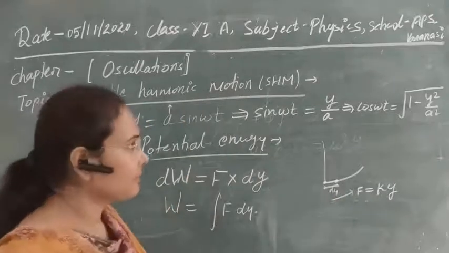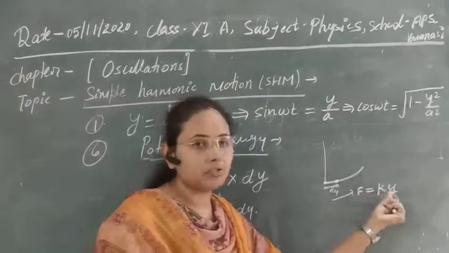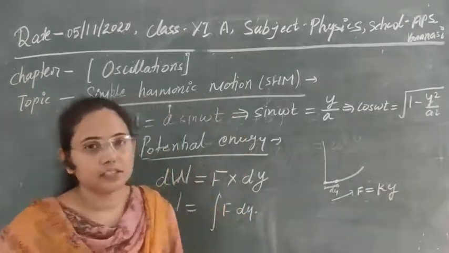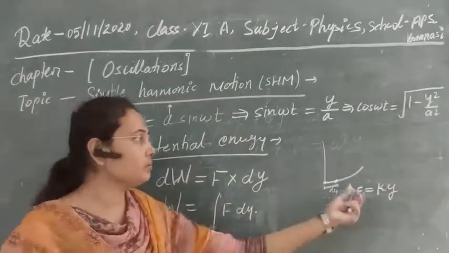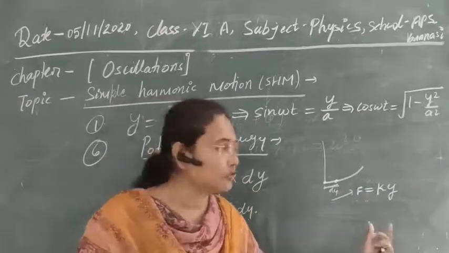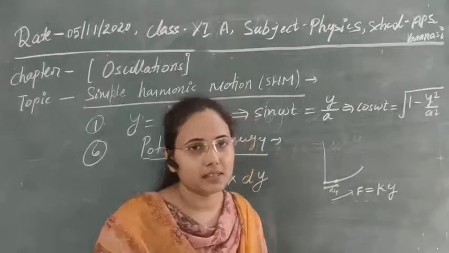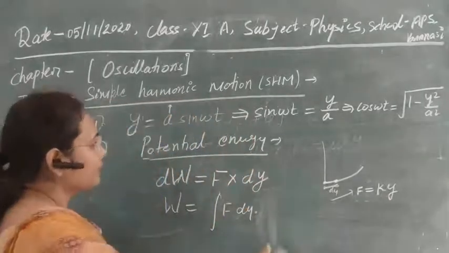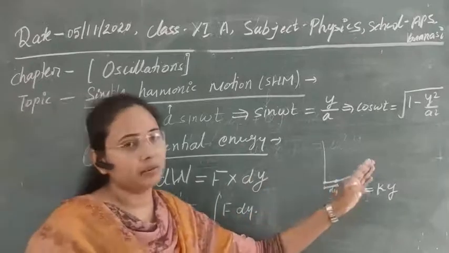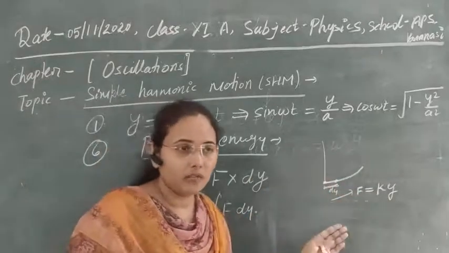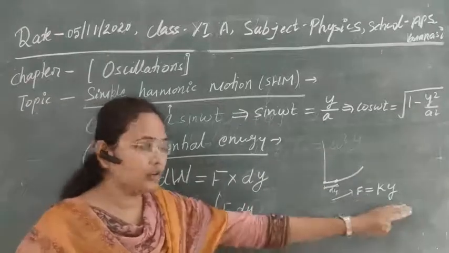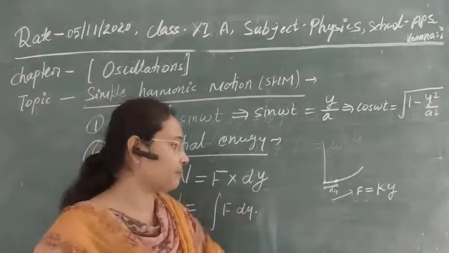So if there is a displacement y in the system, then F can be written as minus Ky. The restoring force always has a tendency to act in the opposite direction to the displacement, and according to that you can calculate the work done in the system.